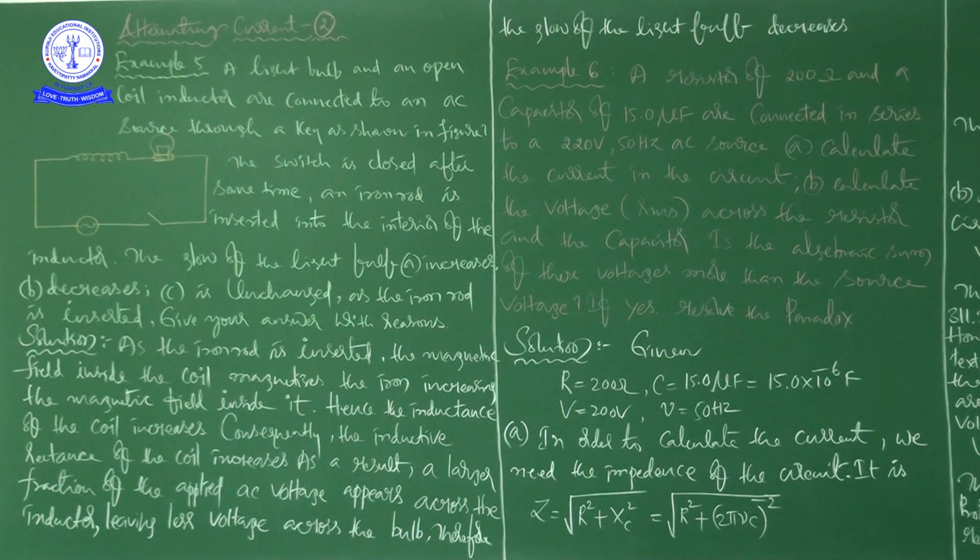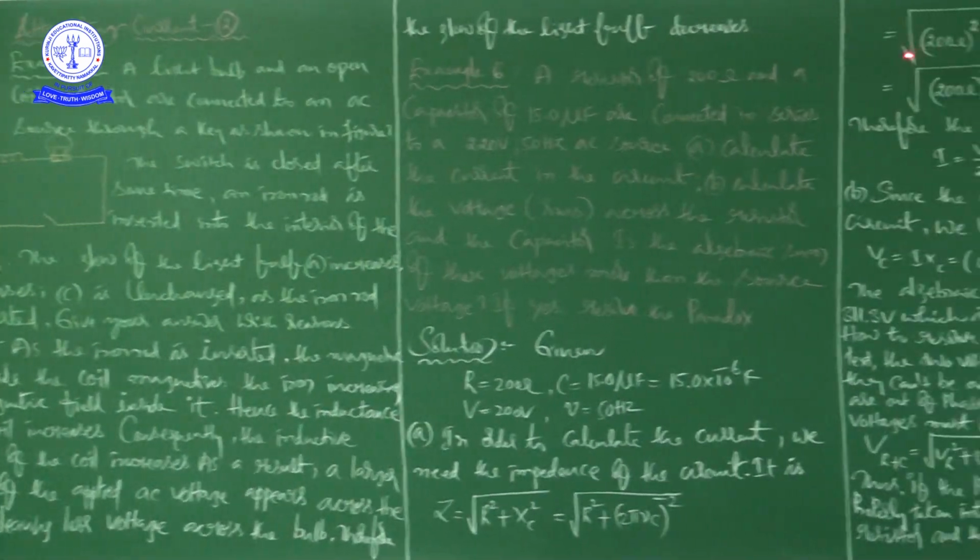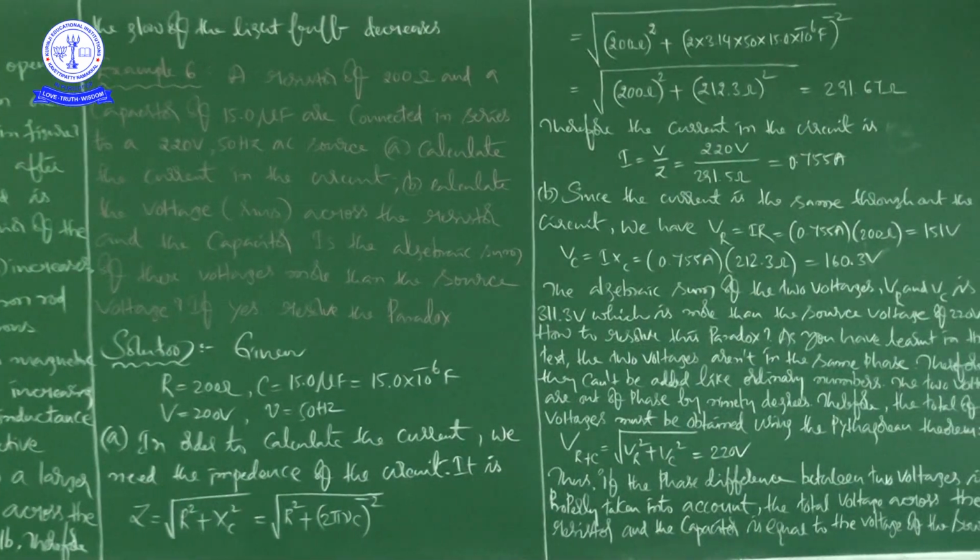See here. R square is as it is, but in place of XC we have written 2 pi nu c whole power minus 2. Observe carefully. Here square only, but here minus 2. Okay, right. Now in place of this square root, we are going to substitute the numerical values.